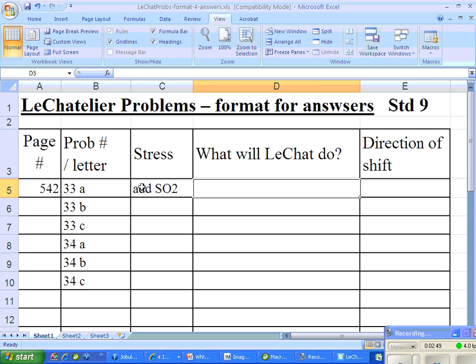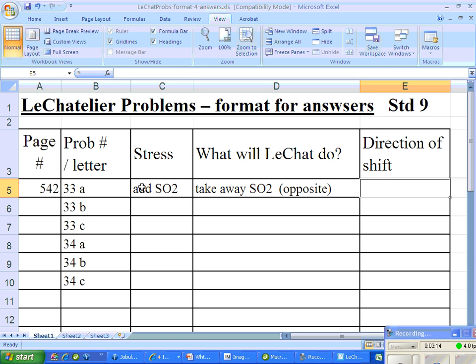So instead of adding, he wants to take away SO2. And the takeaway is always going to move the equilibrium to the opposite side of the SO2 or whatever the substance is that we're working with. So we write in here opposite.